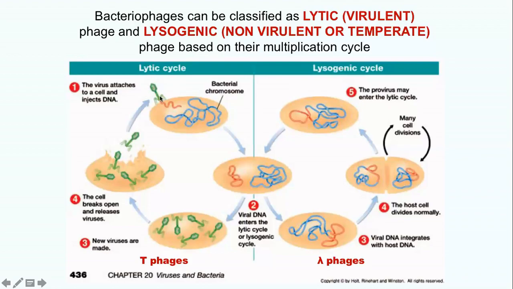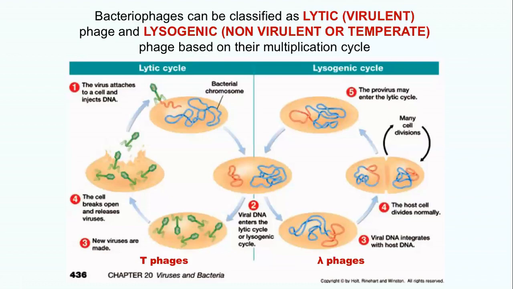So once the lambda phage attaches to the bacterial cell, it injects its genetic material into the host cell. This viral genetic material attaches itself to the bacterial genetic material to form what we call the provirus or the prophage. The provirus or prophage multiplies many times as and when the bacterial cell divides.